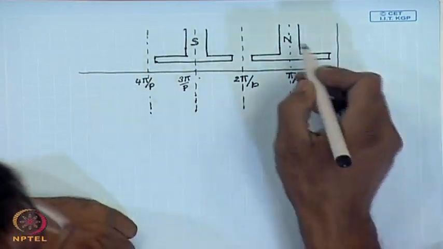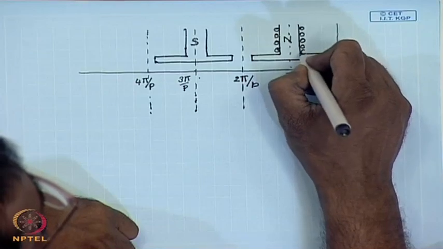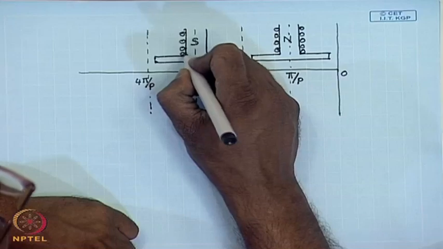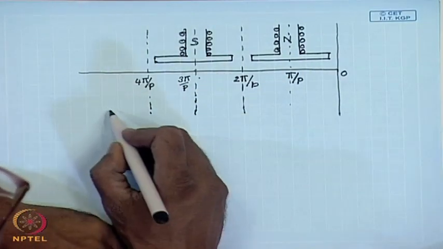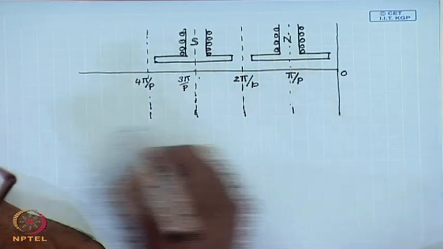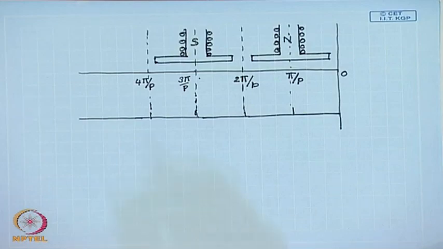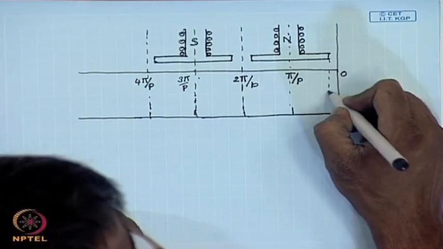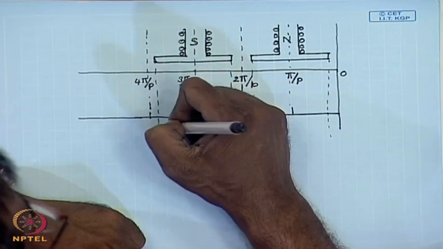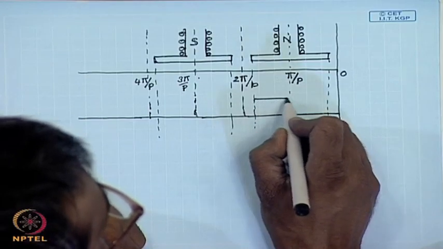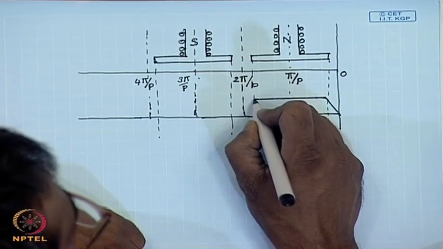The flux density waveform produced by the field winding can be approximated by a flat top trapezoidal waveform, which goes to 0 at the interpolar region.